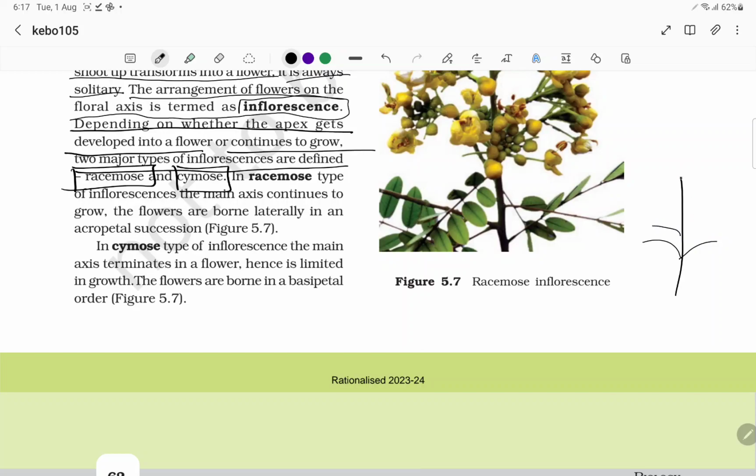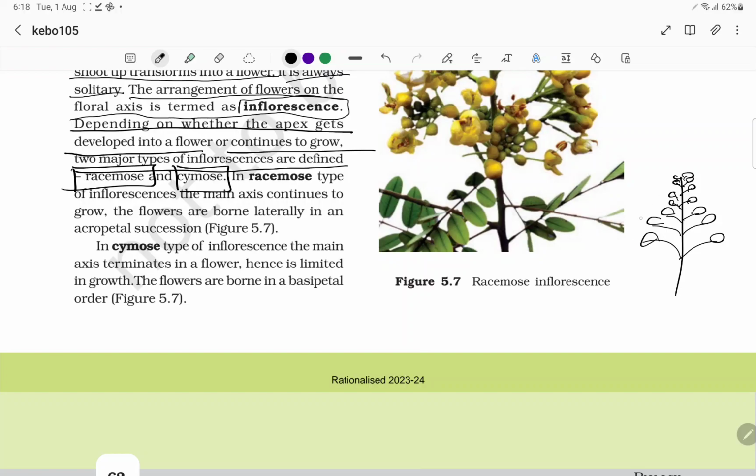The tip is not converted into a flower. You have older flowers at the bottom and new flowers arranged on the top. This we call racemose, and the apical part of the stem is not converted into a flower.